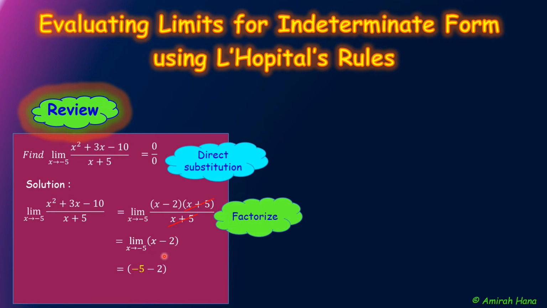Now from here, we can use direct substitution. We substitute negative 5 into x. So we have negative 5 minus 2. Then the final answer is negative 7. No more 0 over 0. So this is the correct method.